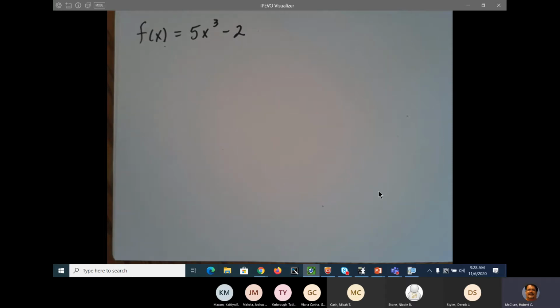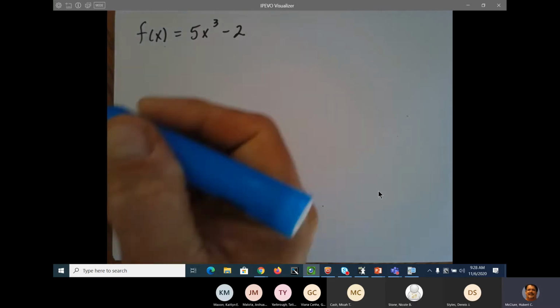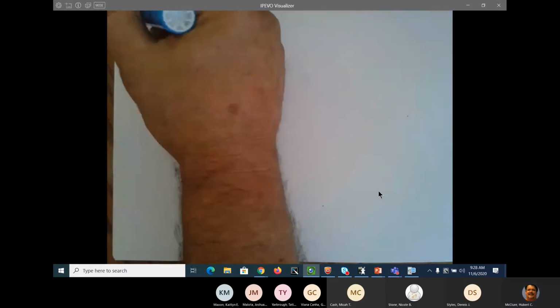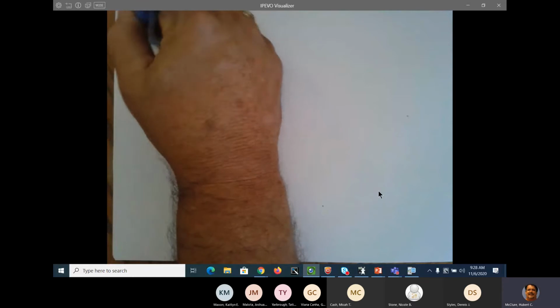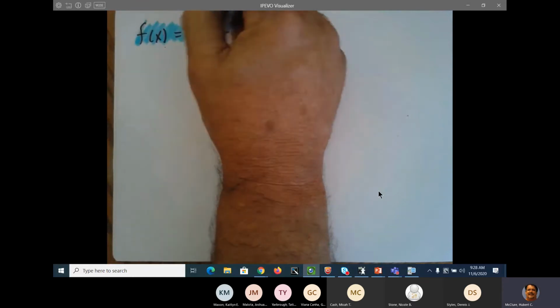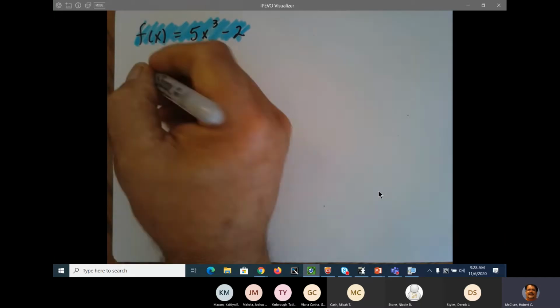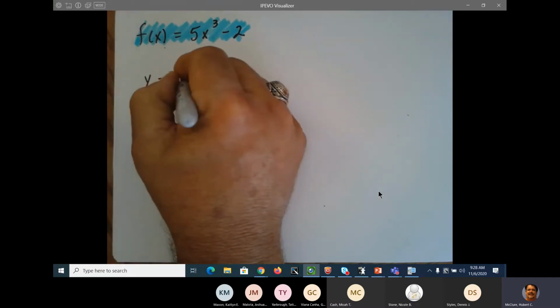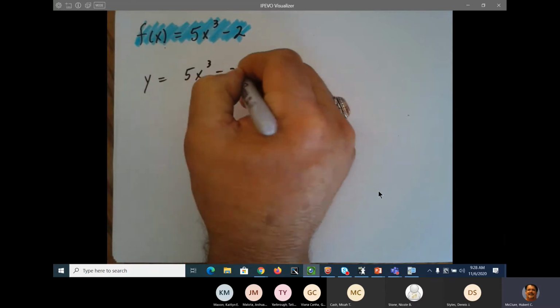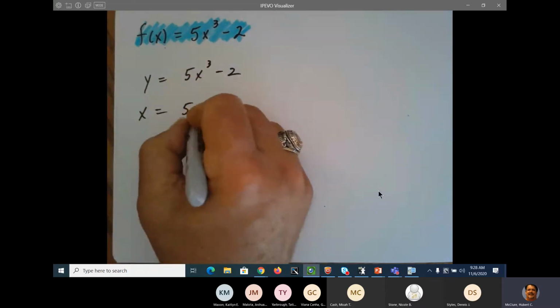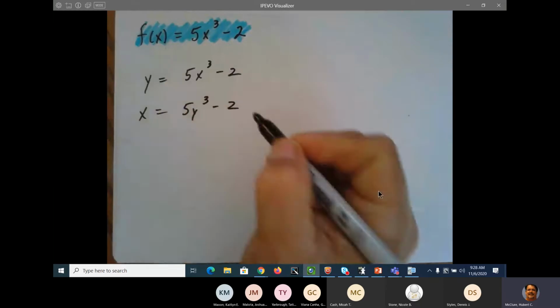So we'll color this one blue because it is the function. So y is equal to 5x cubed minus 2. X is equal to 5y cubed minus 2.